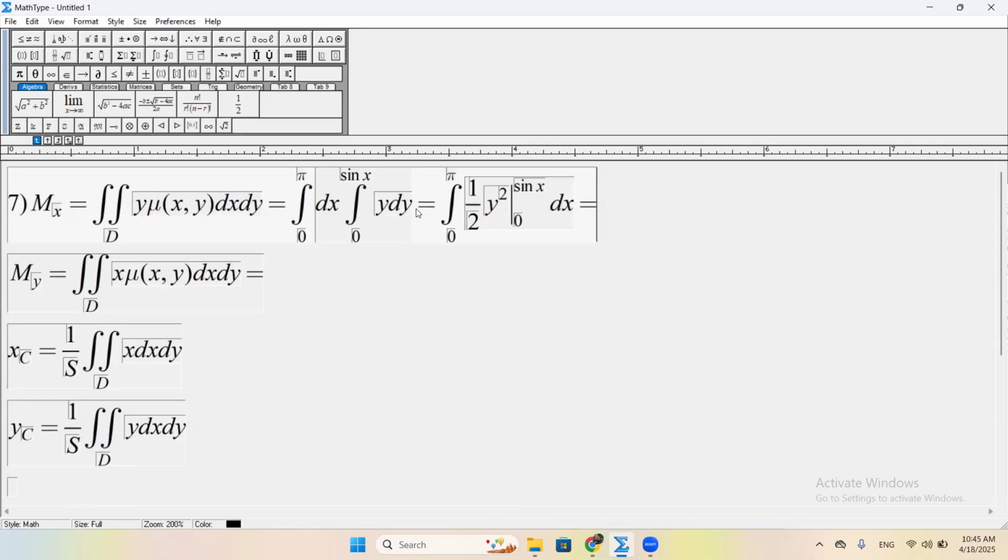So we have the following integral: 1 over 2 sine squared of x, and the integral is from 0 to p.